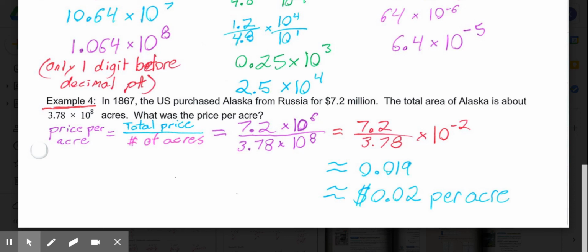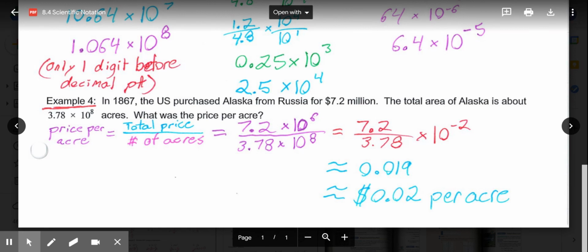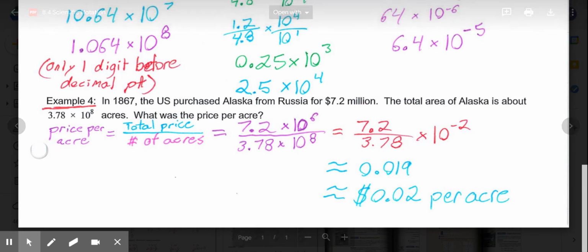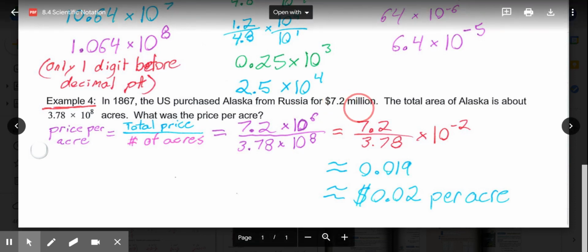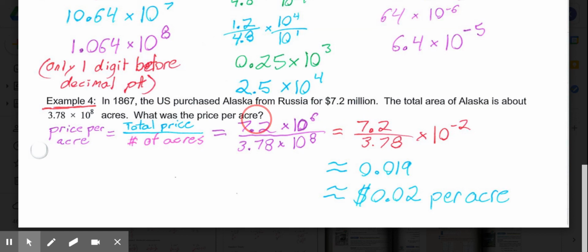So what we want to think about is the price per acre is our total price divided by the number of acres. So our total price, 7.2 million, if we write 7.2 million in scientific notation, it's 7.2 times 10 to the 6th. So our total price divided by the number of acres, 3.78 times 10 to the 8th.